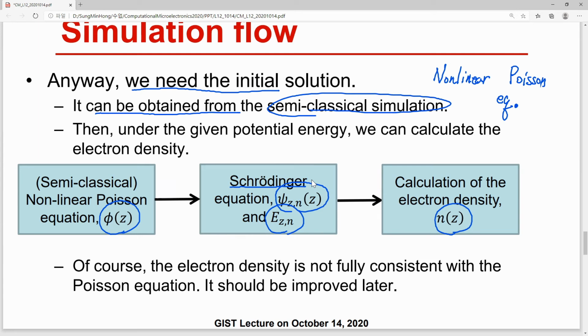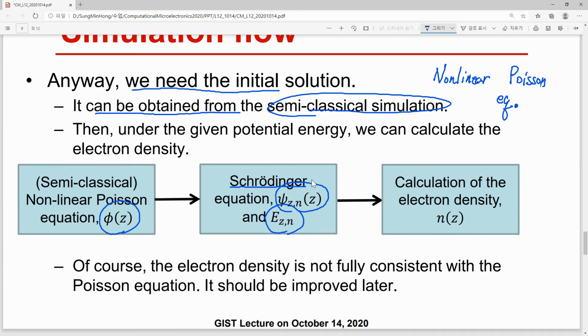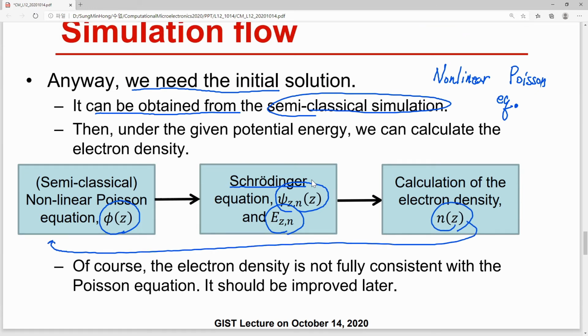So by using this electron density, later we will feed it to the Poisson equation again, and that will give us another self-consistent loop to calculate the electrostatic potential and electron density consistently.